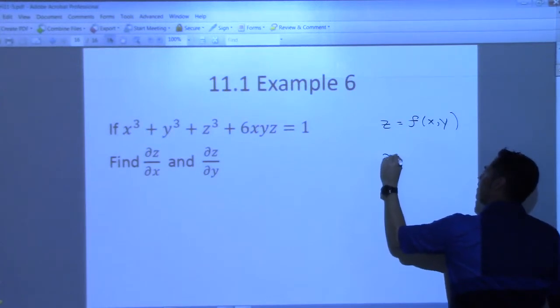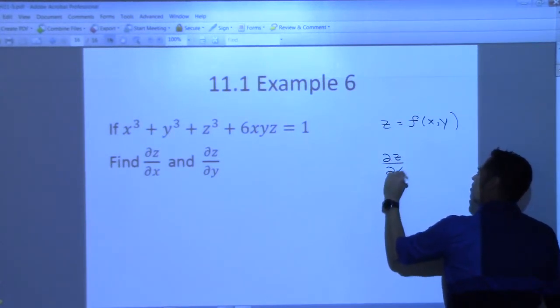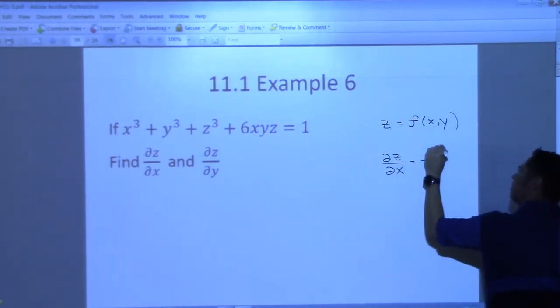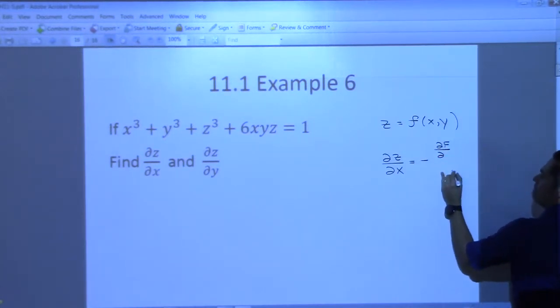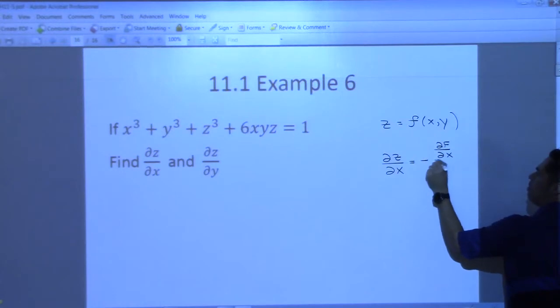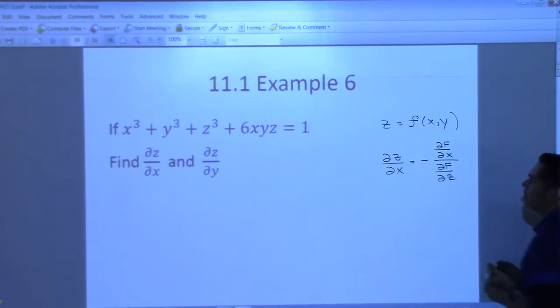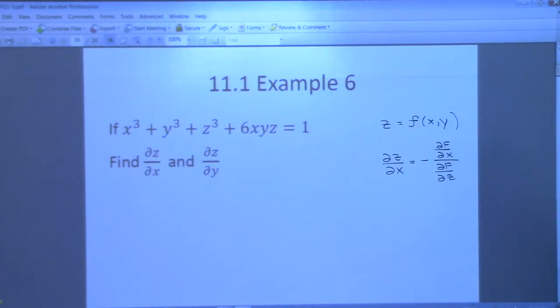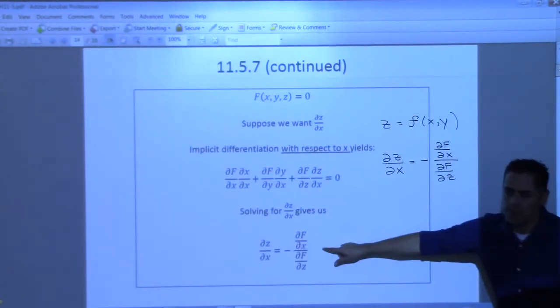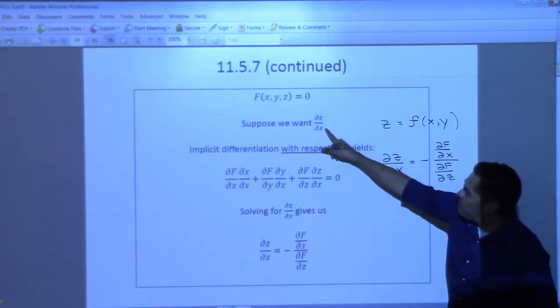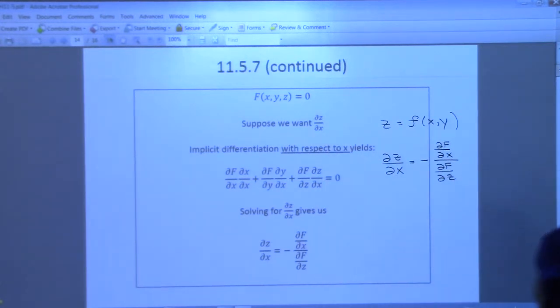The partial of z with respect to x should be equal to negative partial of F with respect to x over partial of F with respect to z. So that's the first of the two formulas I gave you, right? That's this one right here. We're trying to find the partial of z with respect to x. Here's our formula.